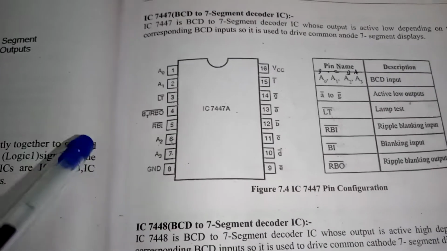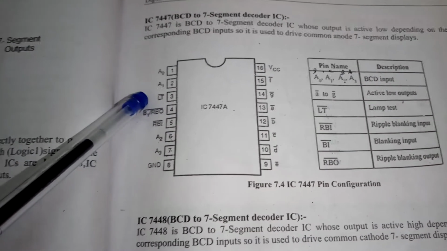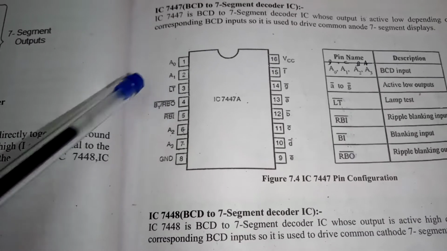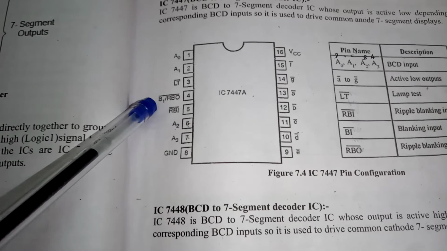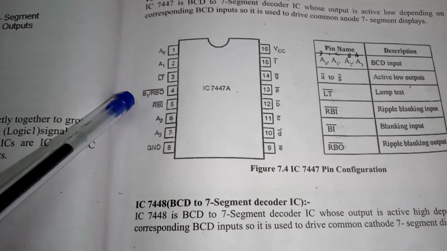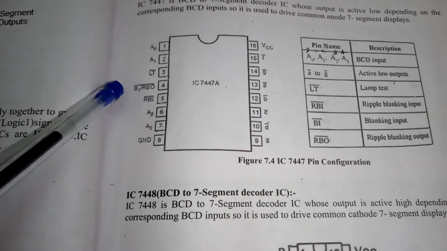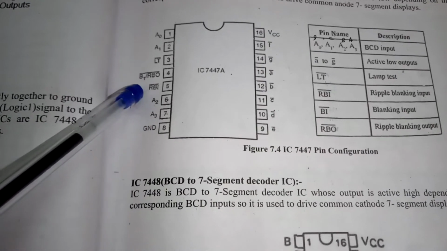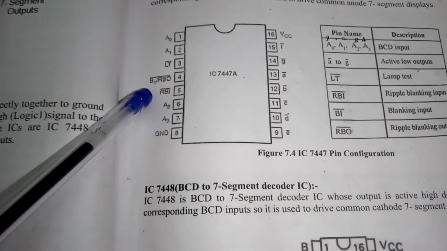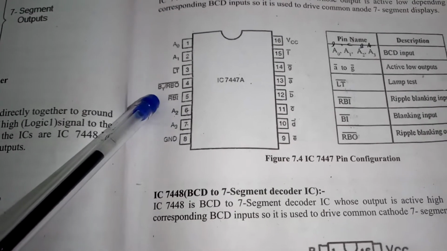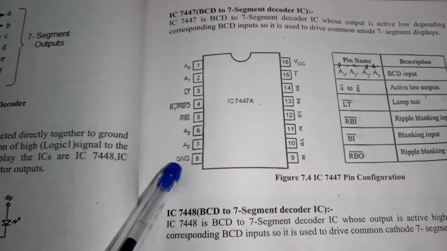Then pin number 3 is LT bar, that is lamp test, which is active low signal. Then pin number 4 is BI/RBO bar, which is ripple blanking output. Then RBI bar, which is active low signal, ripple blanking input. And pin number 8 is ground.